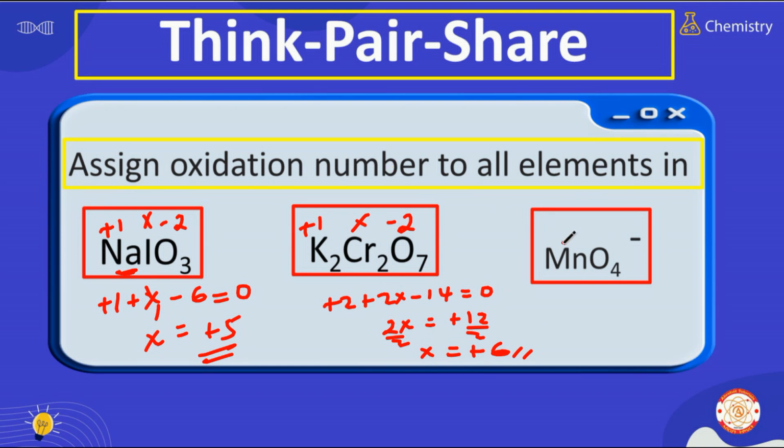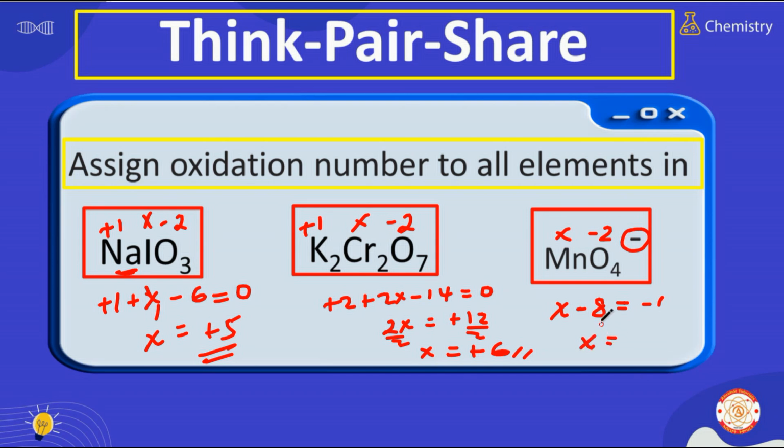Alright, now I'm going to assign the oxidation state of manganese X. And what about the oxidation state of oxygen? It is -2. Remember, this is a polyatomic ion with a charge of -1. Therefore, X minus 4 times -2 is 8. And this should be equal to what? The charge of the ion, and that is minus 1.